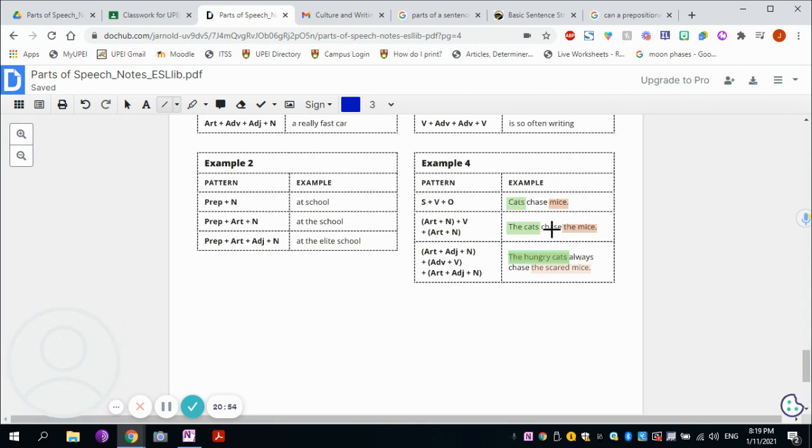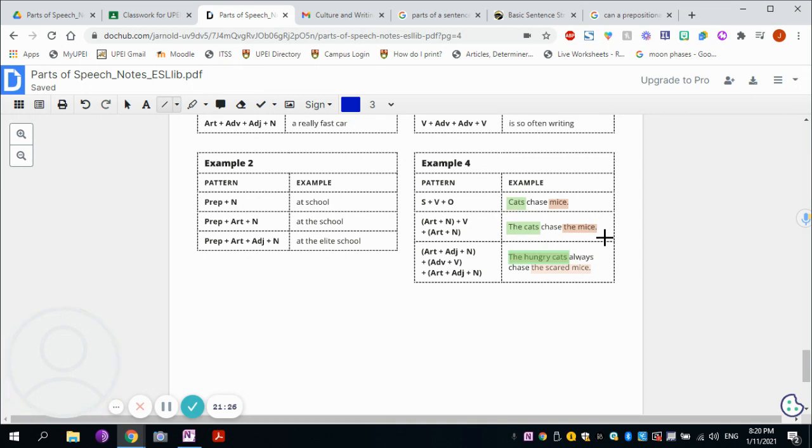Then the verb, chase, and then we've added an article to the mice. So the cats chase the mice. Okay? This sentence here, cats chase mice, is a very general sentence. It's a fact about cats and mice. This sentence is a little bit more specific. It's talking about some specific cats and some specific mice.